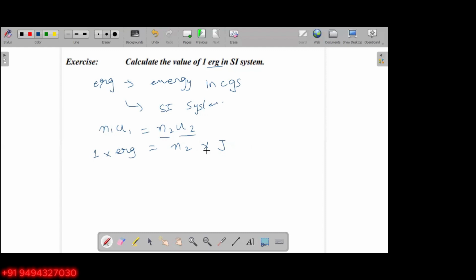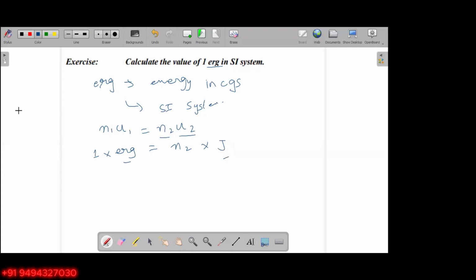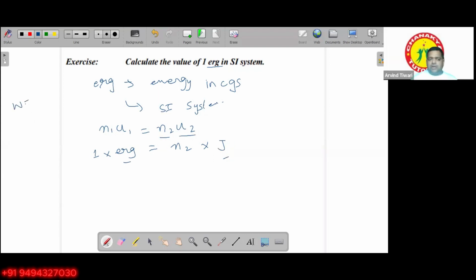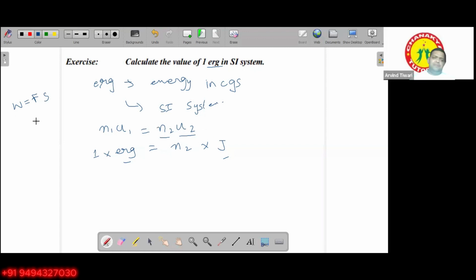my answer. Now for that, I want to expand this erg and joule. To expand this, we know the formula of work done. Work done is given by force multiplied by displacement, and this is the unit joule.